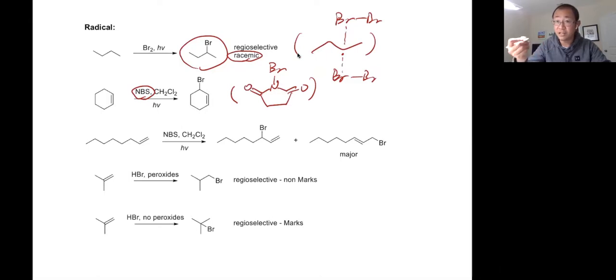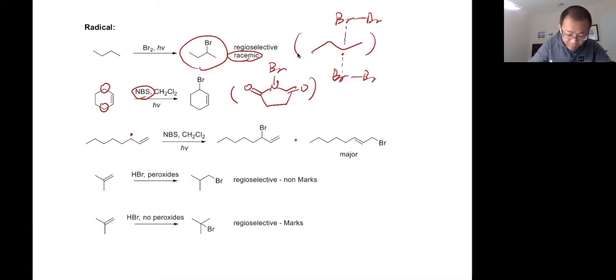Remember what an allylic carbon is? Allylic carbon is the carbon next to the double bond. So here we have two allylic carbons. Of course, these are equivalent. Now, one thing to be careful about is that the allylic radical has resonance structures.